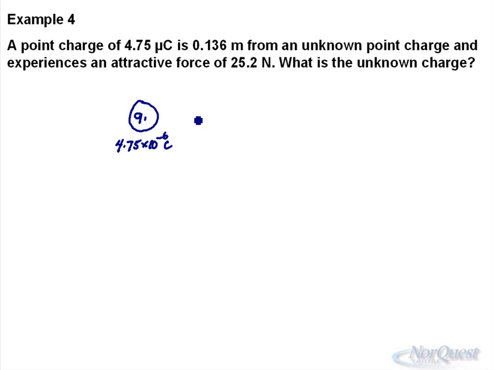It has a distance of 0.136 meters from another point charge that is unknown. We'll call it Q2. We have a force that's experienced between them, an electric force of 25.2 newtons, and it's attractive.